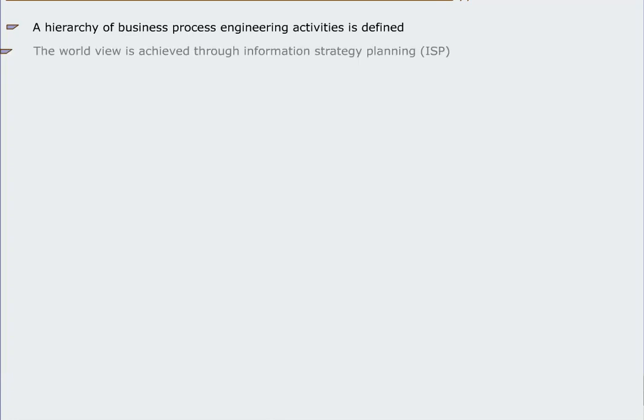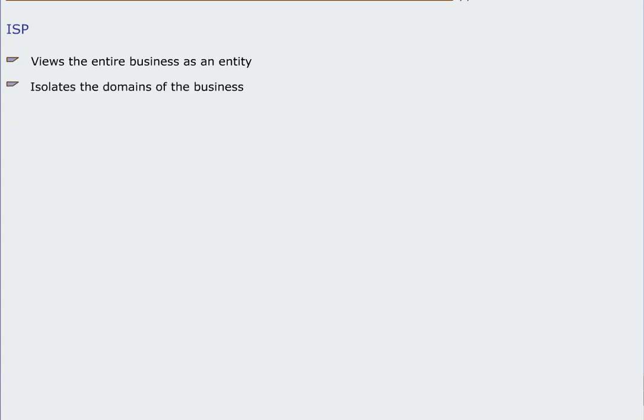As described in earlier lectures, a hierarchy of business process engineering activities is defined. Referring to the figures shown, the world view is achieved through information strategy planning. ISP views the entire business as an entity and isolates the domains of the business, for example, engineering, manufacturing, marketing, finance, sales, that are important to the overall enterprise.